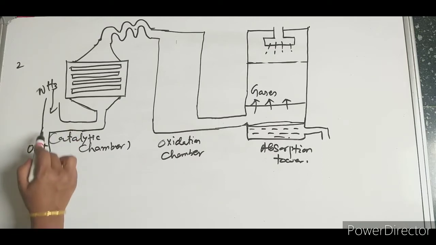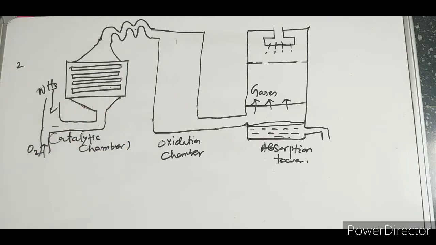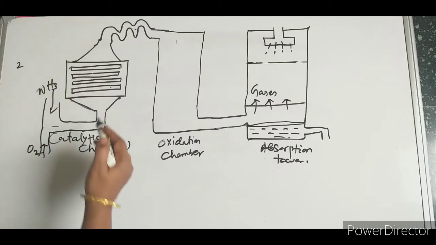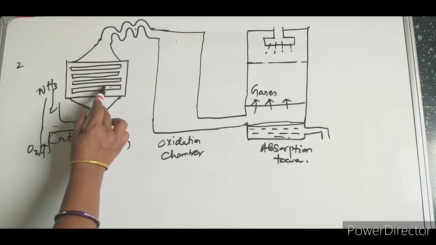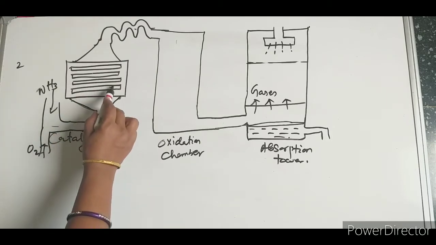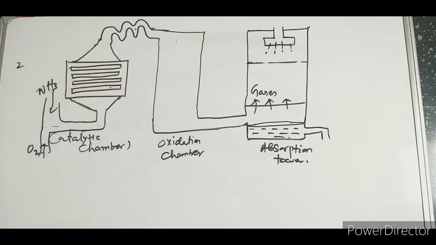So an ammonia and oxygen mixture is taken inside this catalytic chamber. Here we have taken platinum as the catalyst, and this is initially heated to a temperature of 700 to 800 degrees. So first of all we have to heat it.